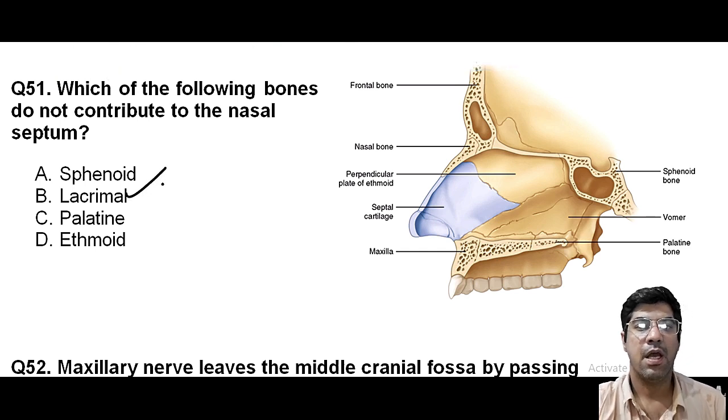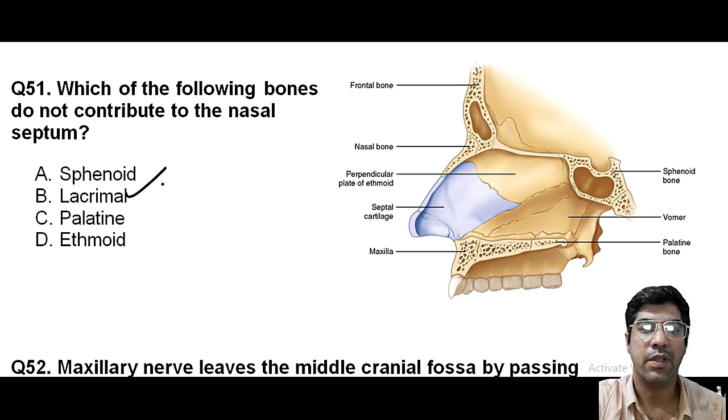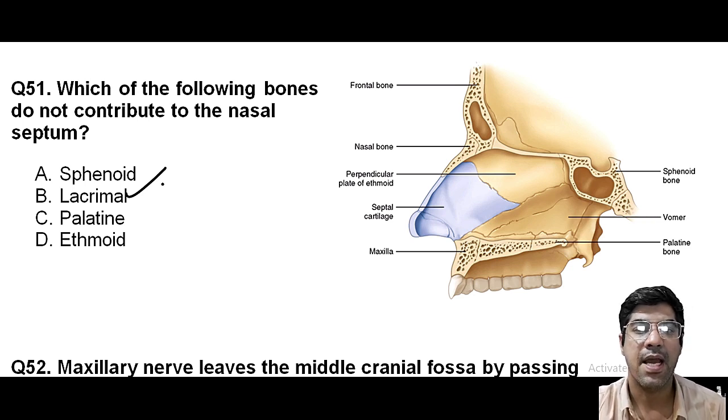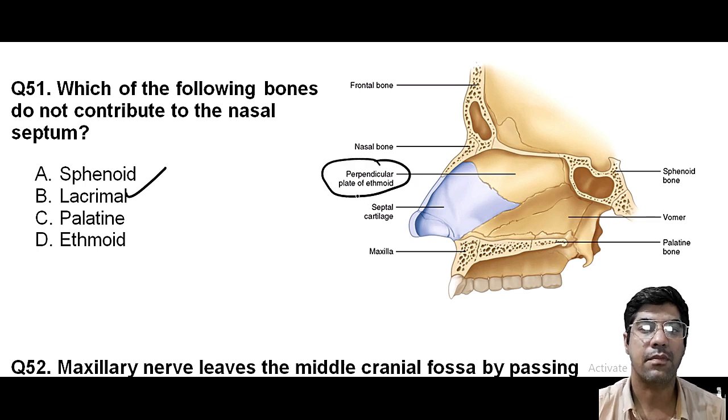Remember, from your entrance exam point of view, the lacrimal bone is a small bone located in the orbit and it does not play a role in the formation of the nasal septum. The nasal septum is primarily formed by the perpendicular plate of the ethmoid bone and the vomer bone, with some contribution from the septal cartilage.